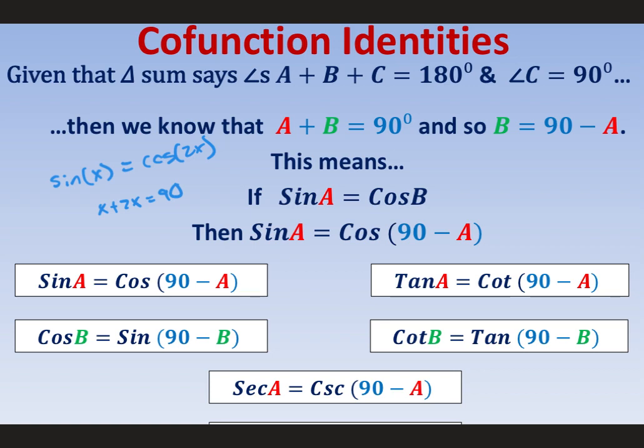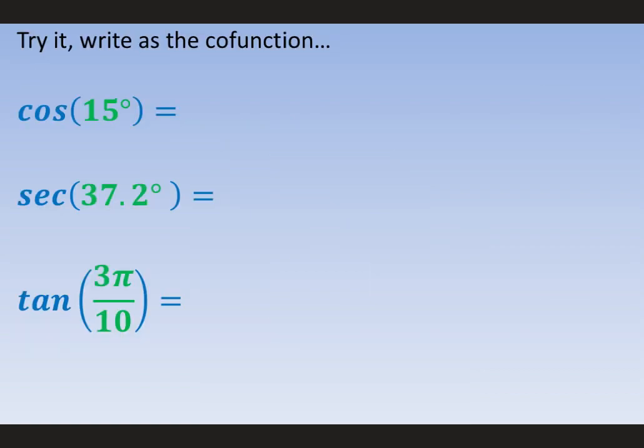But one thing we can also use it for is changing between two different trig functions. So say I have cosine, but I really want sine. I can change this to be the sine of 90 minus the original angle, 15. 90 minus the original 15, this is the sine of 75 degrees. Likewise, secant of 37.2, do the same thing.